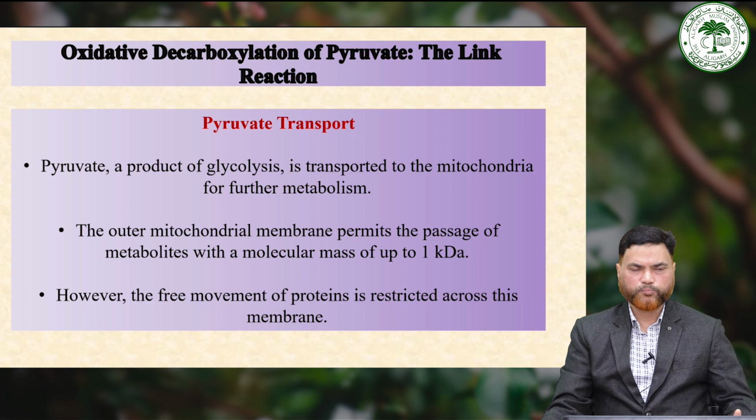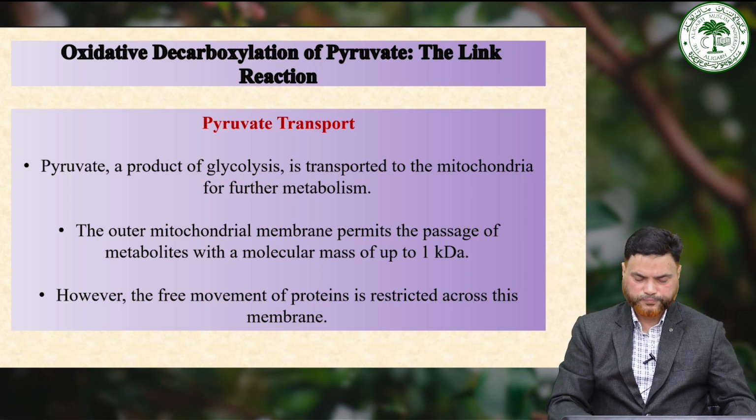The conversion of pyruvate to acetyl coenzyme A, facilitated by the pyruvate dehydrogenase complex, is referred to as the link reaction, and this link reaction bridges glycolysis and the tricarboxylic acid cycle, connecting these crucial metabolic pathways inside the cell.